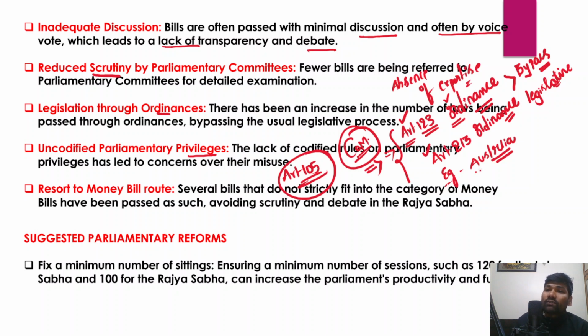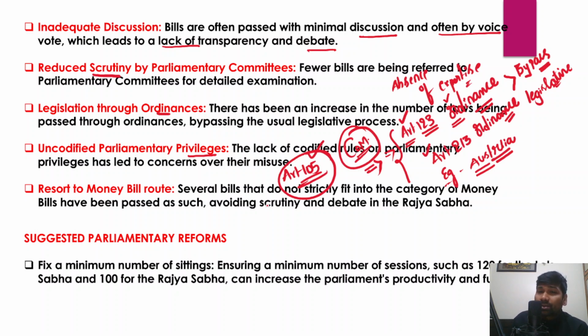Therefore, when these privileges are not codified, there is a very high chance of their misuse. For example, Article 105 provides certain privileges for the members of Parliament, right? In fact, one such privilege is freedom of speech and expression for the members, and those members cannot be arrested while Parliament is in session.